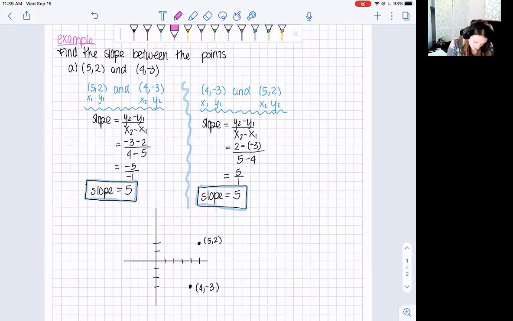But yeah. So here, looking at the grid, I would go up 5 units, and I would go right 1 unit. So you would get slope equal to rise is 5, run is 1. So you get 5, which is exactly what we got when we did the formula.